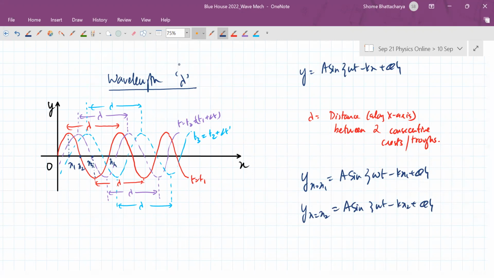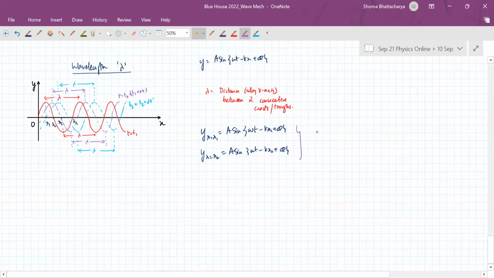So the phase difference between the SHM of any two particles, delta phi, is equal to the difference of these two quantities. So that is equal to k into (x2 minus x1). So this phase difference is k delta x.